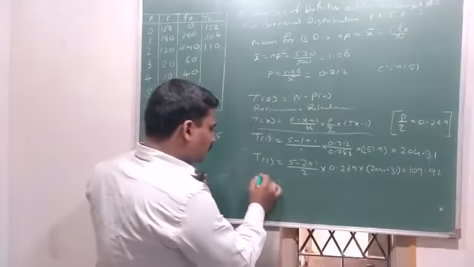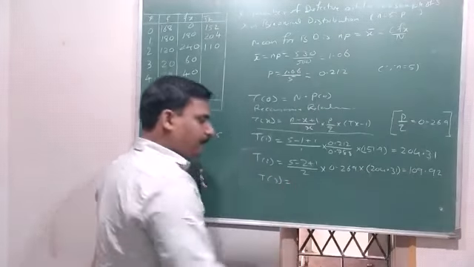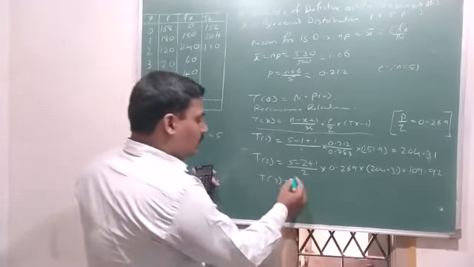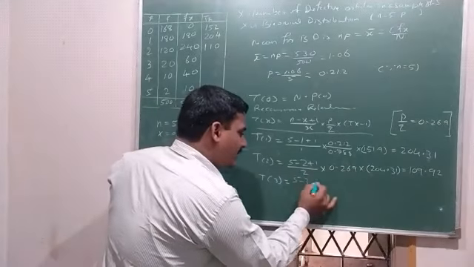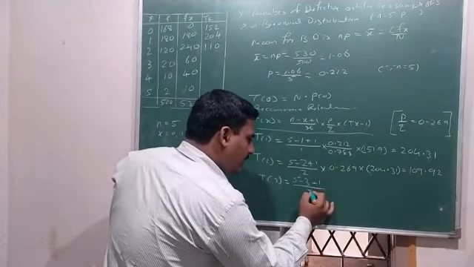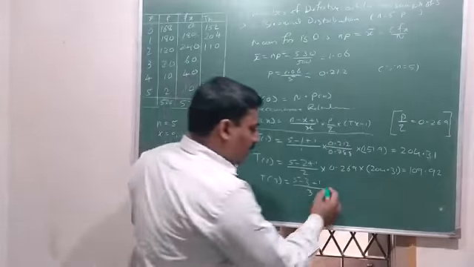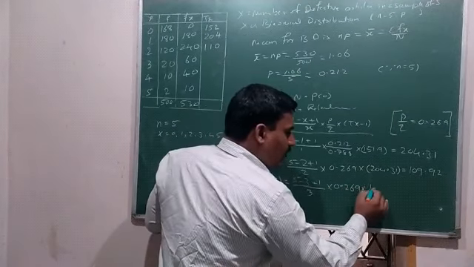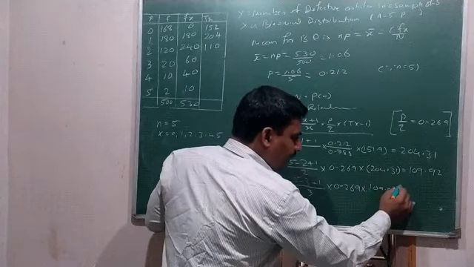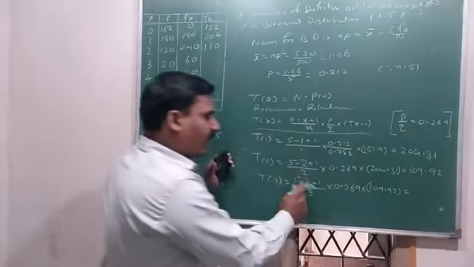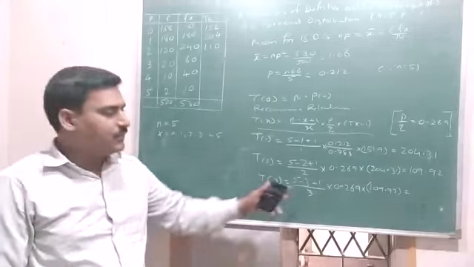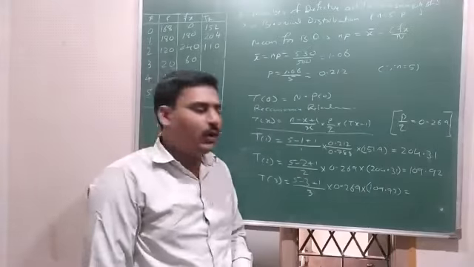Next, T3, the fourth probability of the theoretical distribution. So 5 minus 3 plus 1 divided by 3 into 0.269 into 109.92. So 5 minus 3 is 2, 2 plus 1 is 3, 3 divided by 3 is 1.